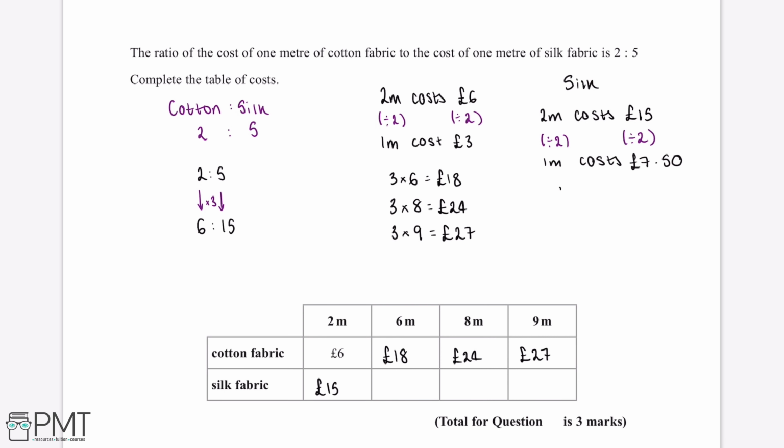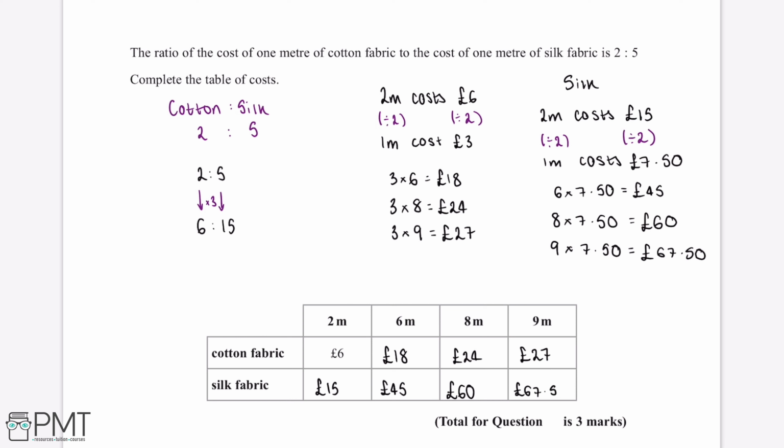So 6 multiplied by £7.50 gives us £45. 8 multiplied by £7.50 gives us £60. And finally 9 multiplied by £7.50 gives us £67.50. And this is our full table filled in.